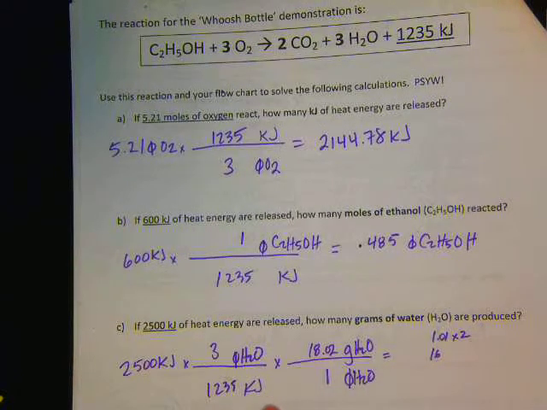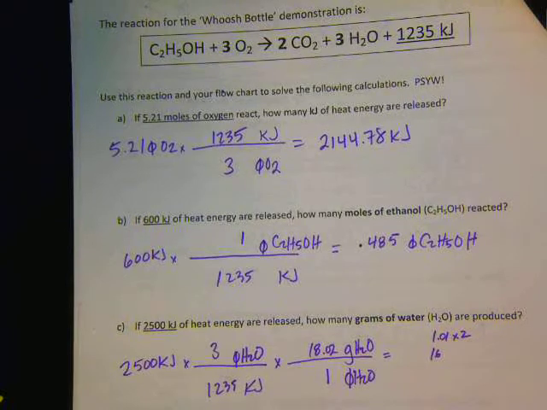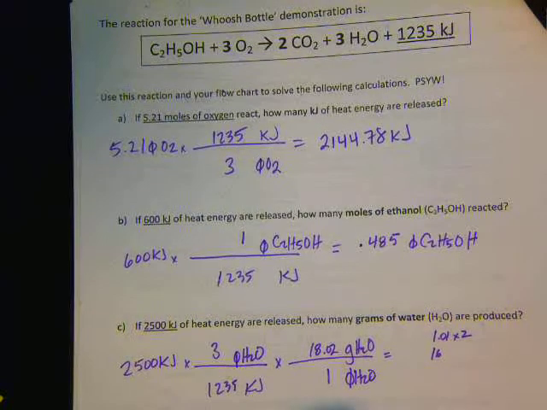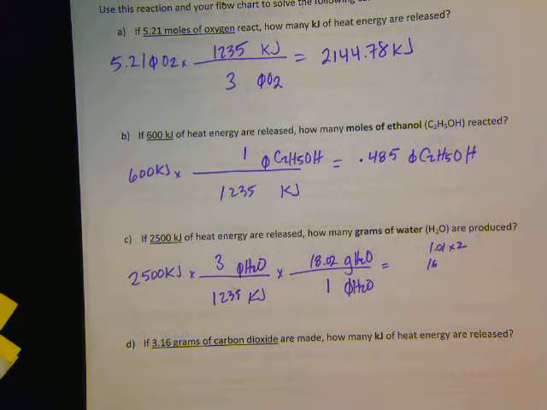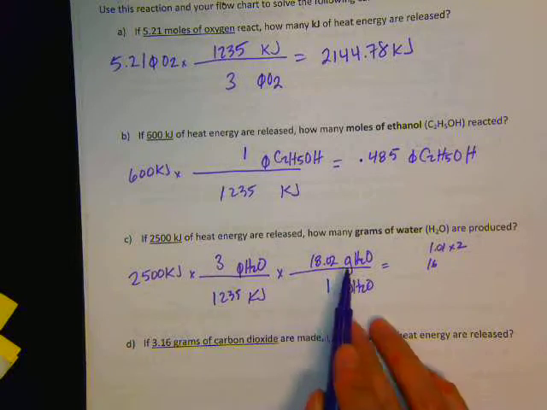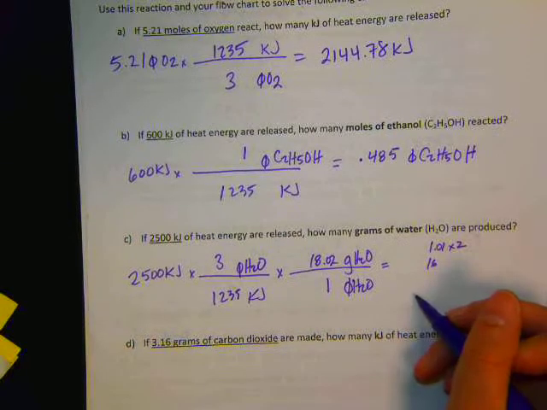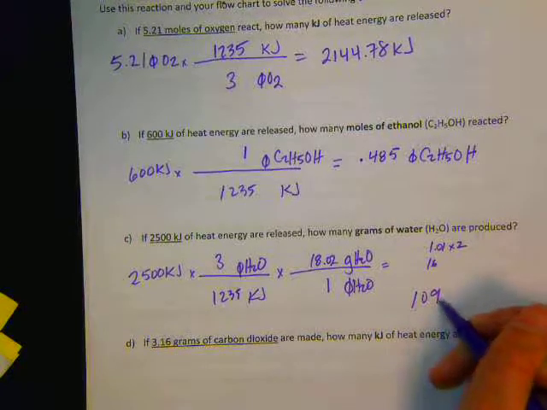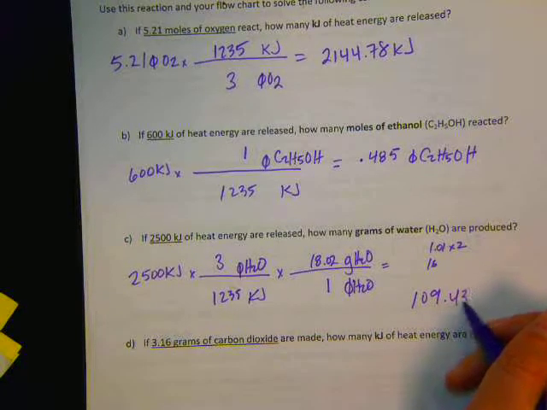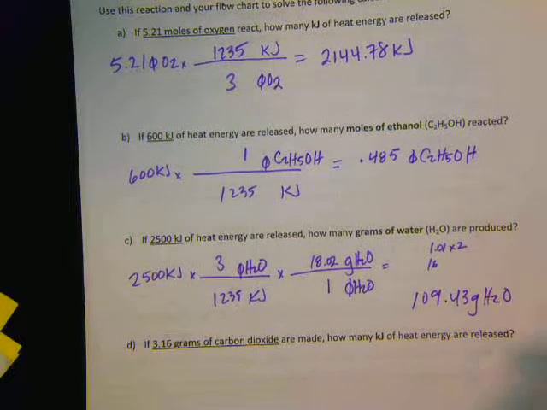No, you do not count the coefficient. That's a great question, and everyone does that. That's so common. So we do 2,500 times 3 times 18 divided by 1,235, and that gives us 109.43 grams of H2O.